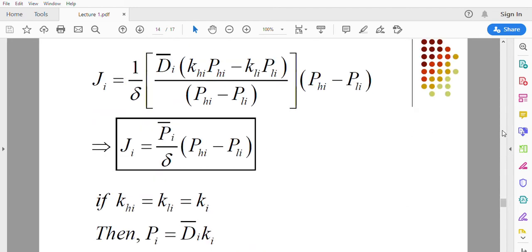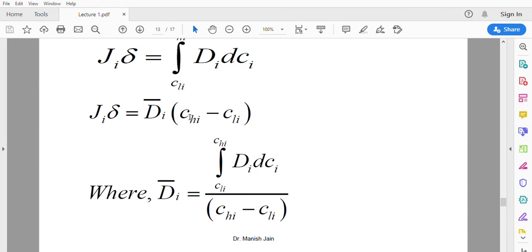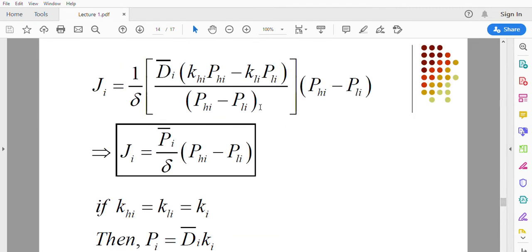So again, here we can use Henry's law, where Chi equal to Khi multiplied by Phi and Cli equal to Kli multiplied by Pli. And if Kli and Khi are not equal, then you can use this formula and it will become Pi bar, where Pi bar is the permeability of component I across the membrane, and Phi minus Pli is the driving force across the membrane.